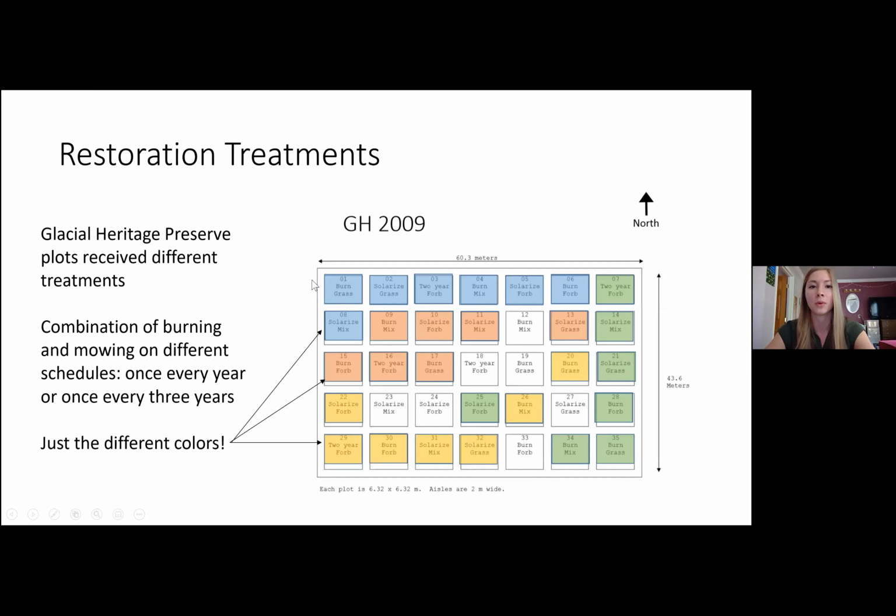These treatments were applied for several years on different schedules, where they used a combination of burning and mowing techniques on these different plots, where plots were either burned or mowed once a year or burned once every 3 years. And I'll be going into this part of my study in more depth later on in chapter 1.